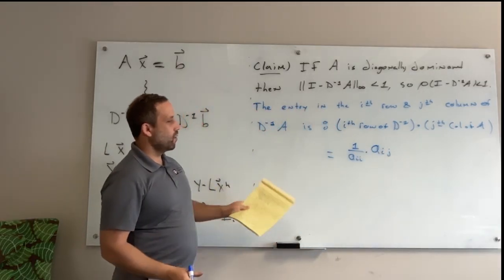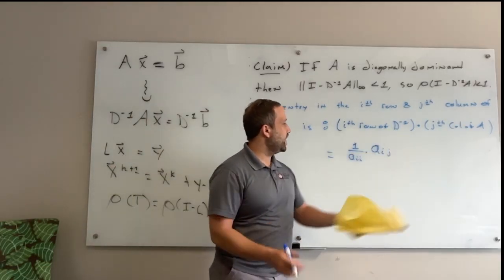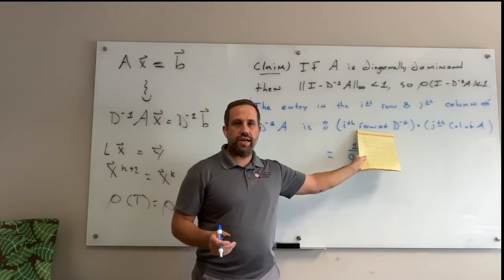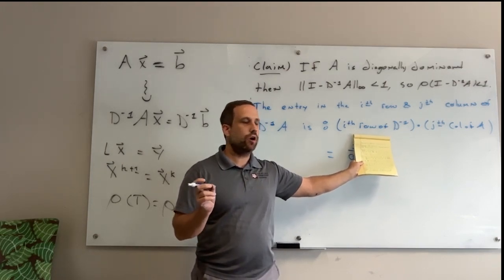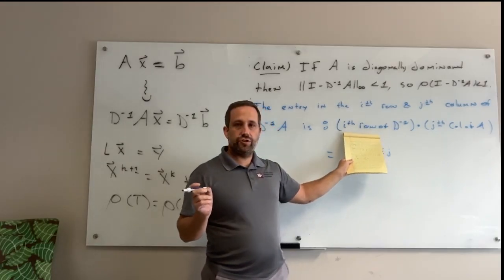Okay, so again, one more time. Maybe I'm over-explaining this. If I think about what the ith row of D inverse is, it's going to be almost all zeros because the diagonal matrix is almost all zeros. This row is going to be almost all zeros except for the ith entry.